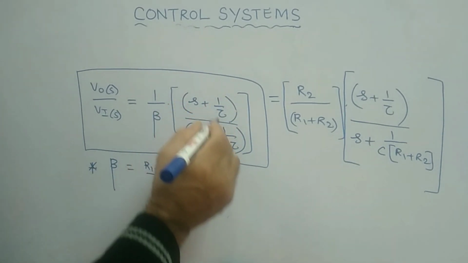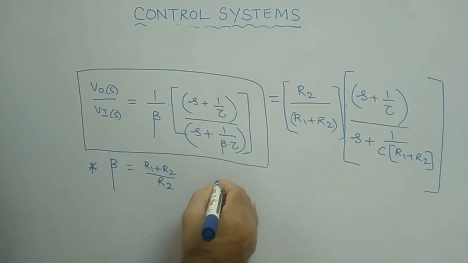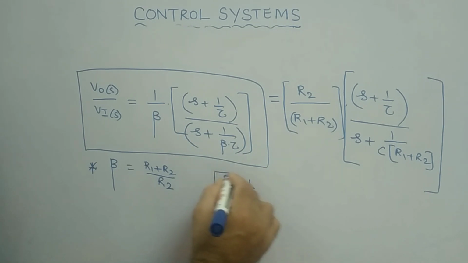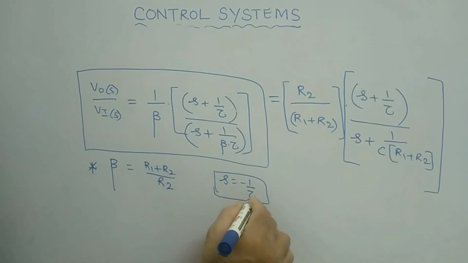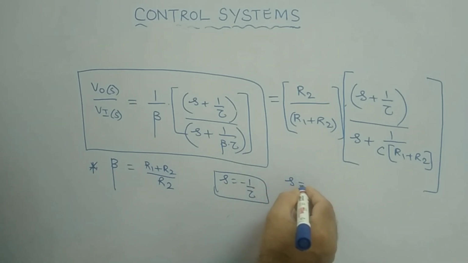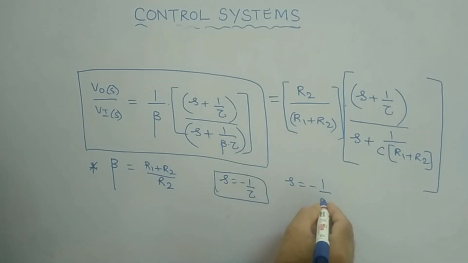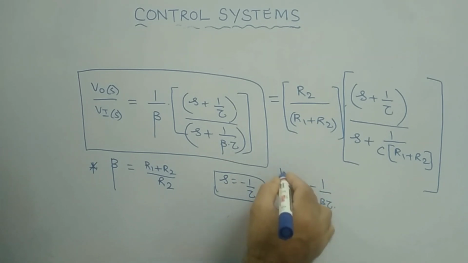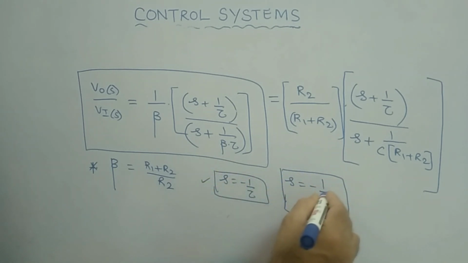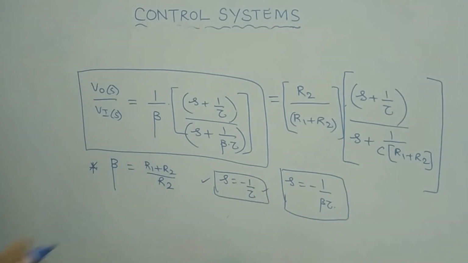Therefore, S plus 1 by tau equal to 0, so S is equal to minus 1 by tau is the zero. At S equal to minus 1 by beta tau, it has the pole. This is the zero, this is the pole.